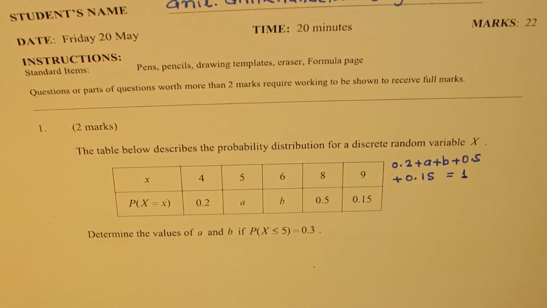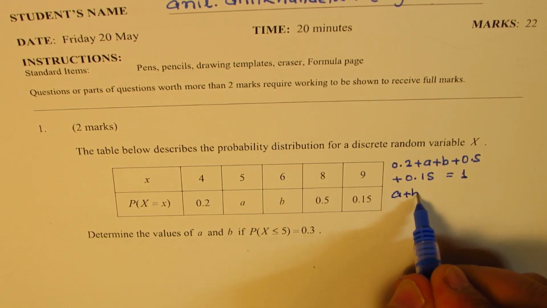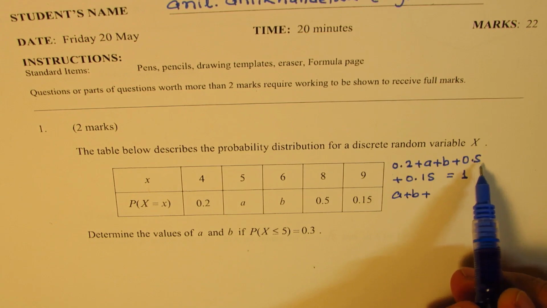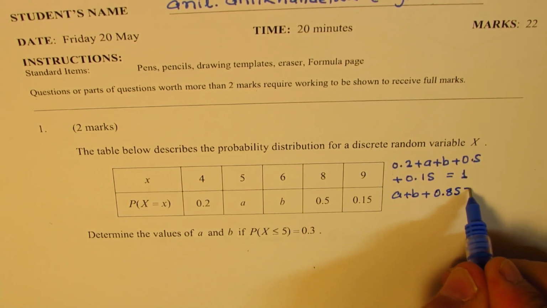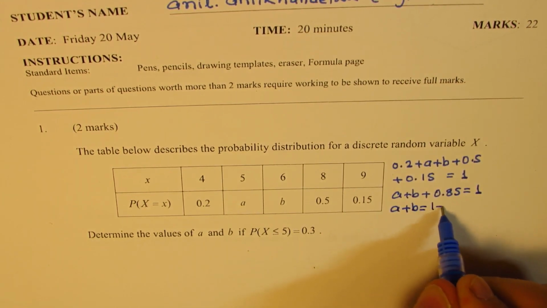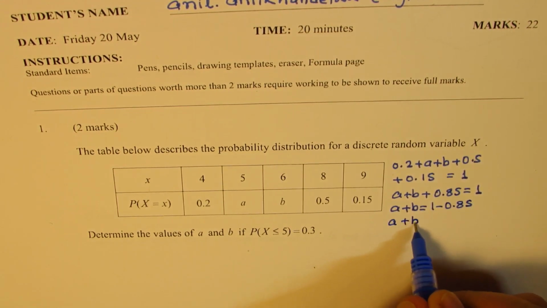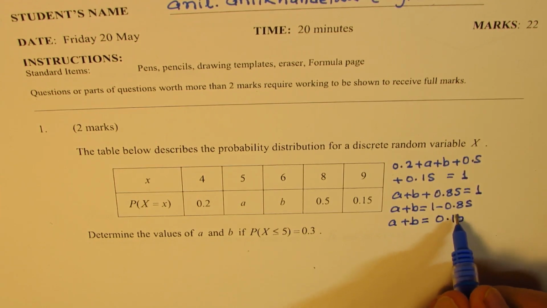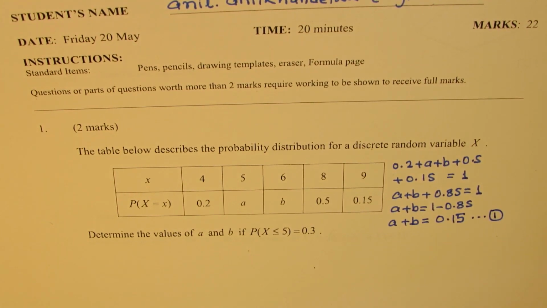When you do this addition, you get a plus b plus 0.5 plus 0.2 is 0.7, and then 0.85. So 0.85 plus a plus b equals 1, and we get a plus b equals 1 minus 0.85. So we have a plus b equal to 0.15, correct? So we get one equation like this.